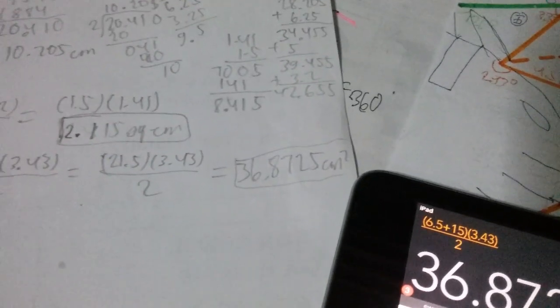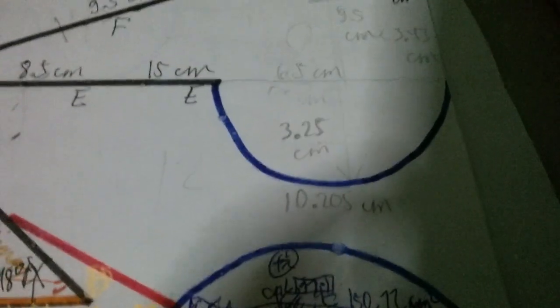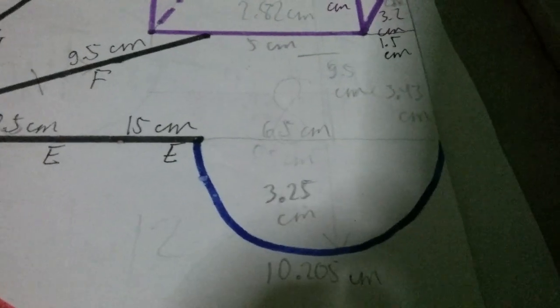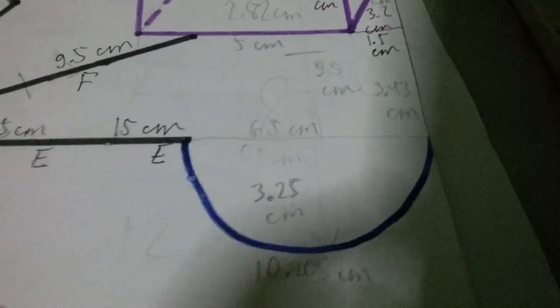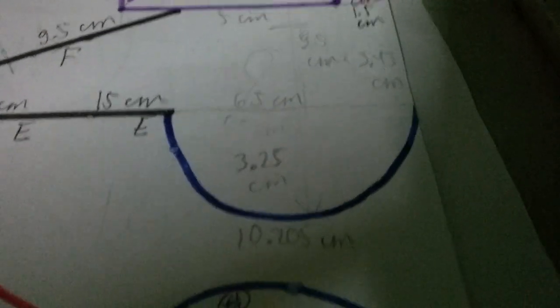Now for the last one. The last one is the semicircle. You know already how to solve for the area.